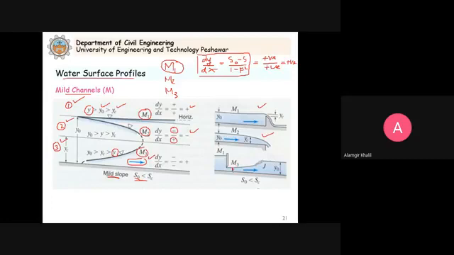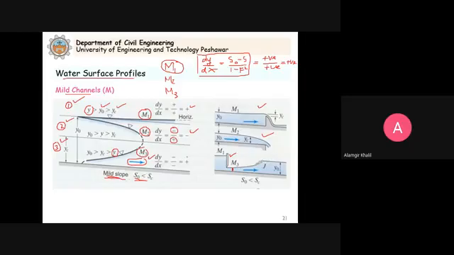Normally, supercritical depth should not occur on a mild slope. It should occur on a steep slope. Because we are forcing the water to flow at this depth due to operation of this gate, we have a supercritical depth on a mild slope.